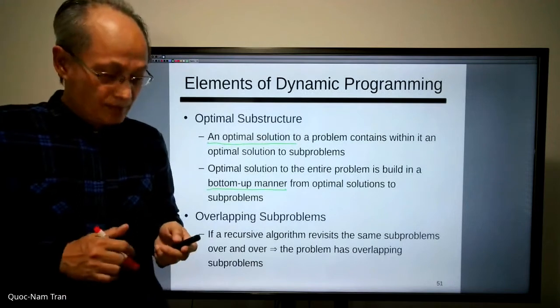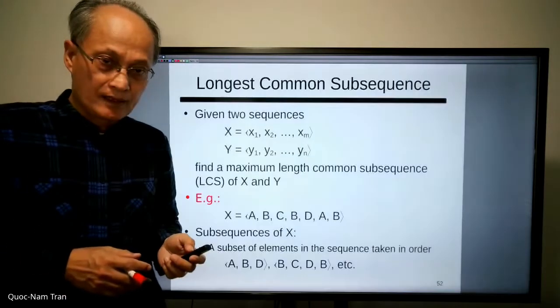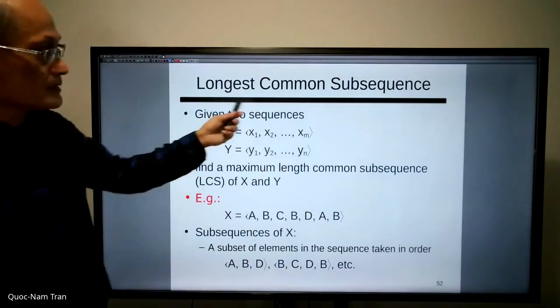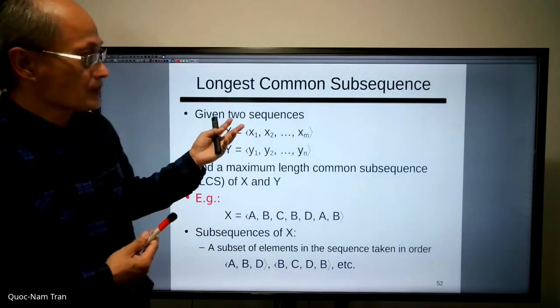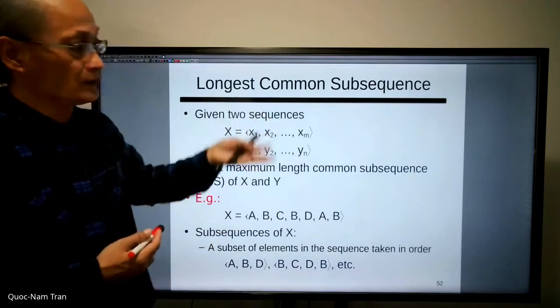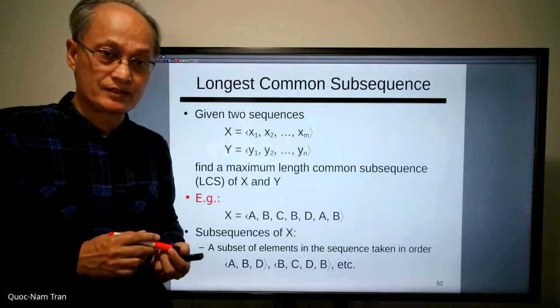The next problem I will introduce a little bit today is the longest common subsequence. Why did I choose this problem this time? I did not go through this problem when I taught algorithms last year.